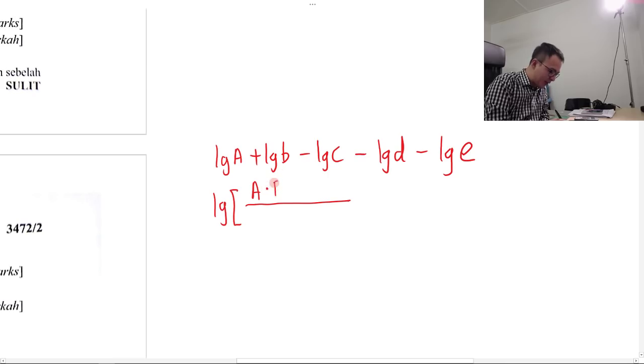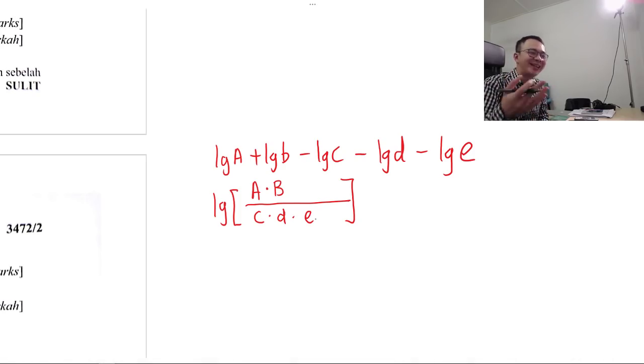So I will multiply B. Minus log C, right? That means we will divide C. Minus D, right? That means we will divide D. Minus E, right? That means we will divide E. So whatever divide at the bottom here, the relationship between the C and D and E is multiplied. Alright, so you just need to understand about this thing.